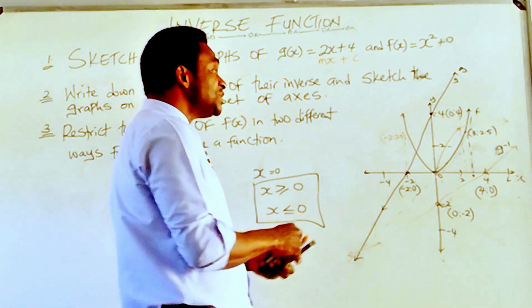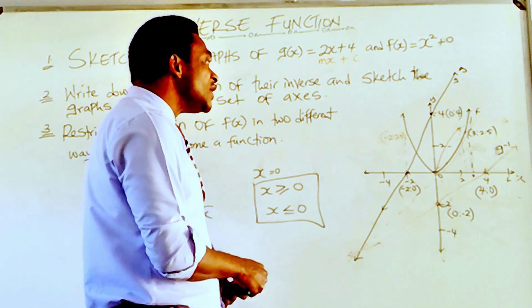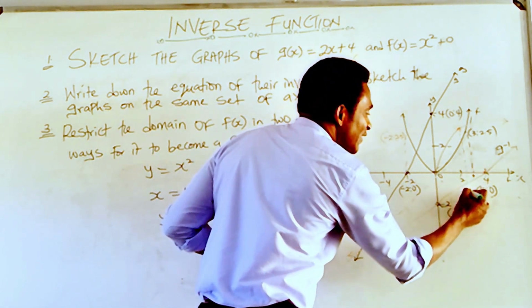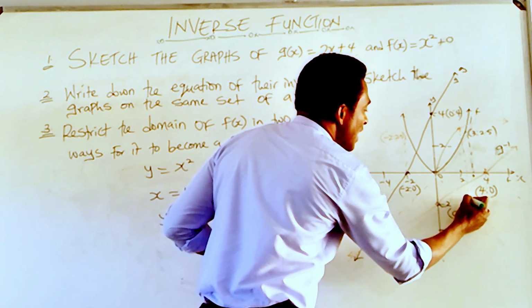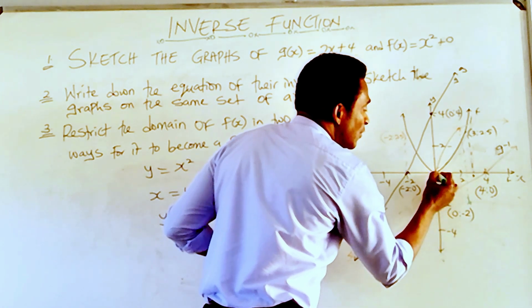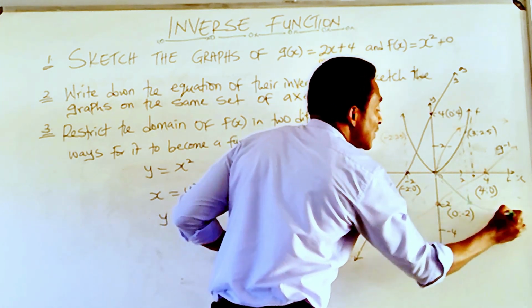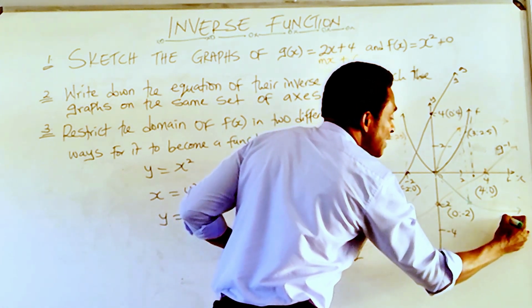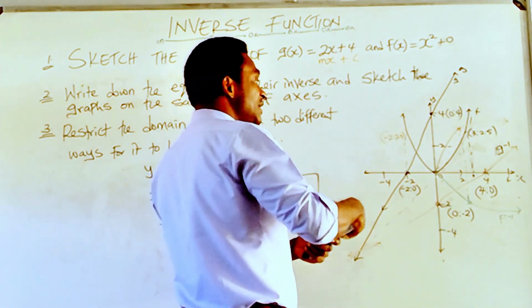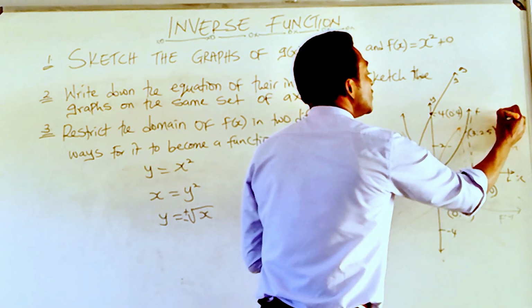So we can also change this to become (2.5, -2). So we can have 2.5 for x and -2 for y. So we'll have our graph here. So this will be the inverse of this, and this will be the inverse of f.